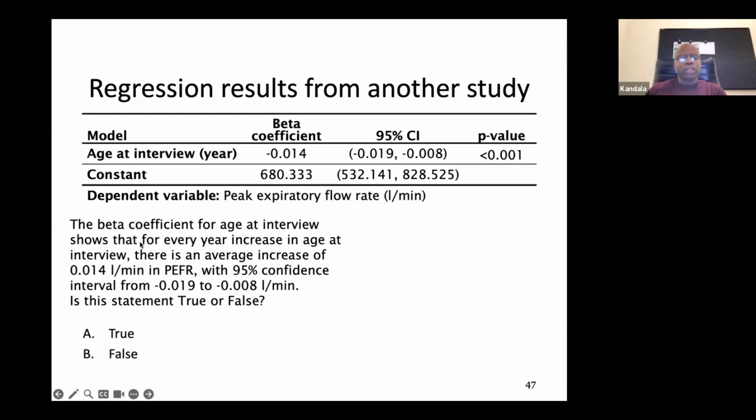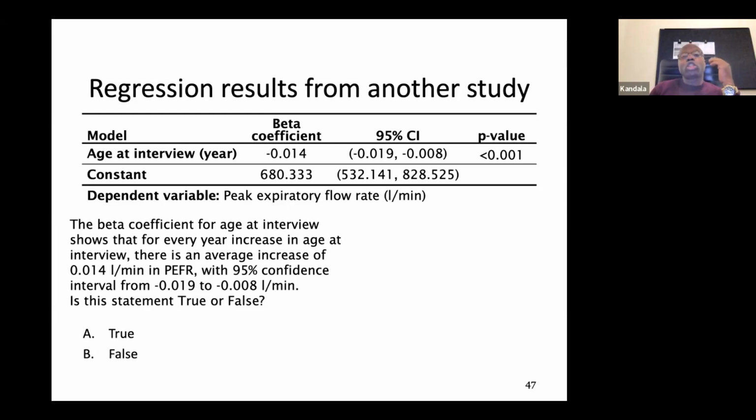So now the question is about the beta coefficient for age at interview showing that for every year increase. Imagine you are reviewing as a data science expert, and they have sent you a paper with this result.